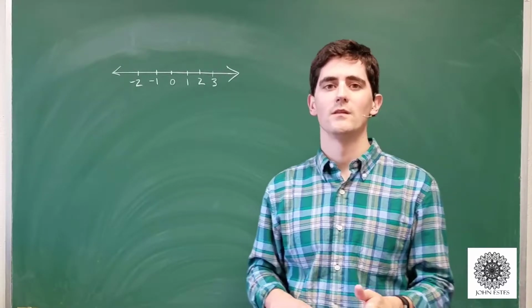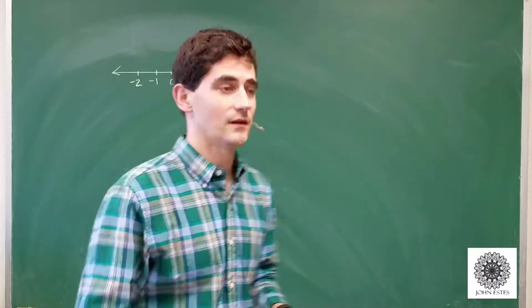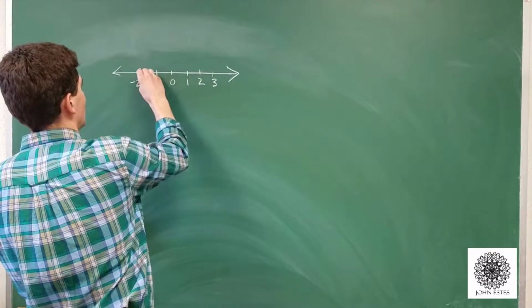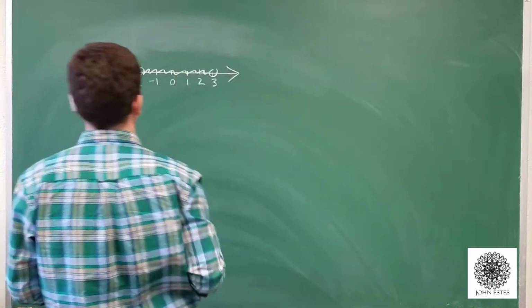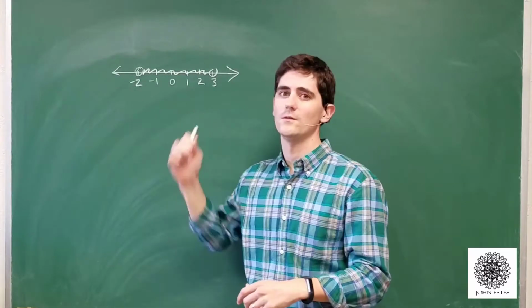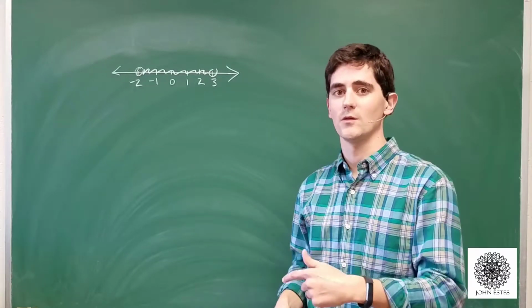Now also what we could do is represent on a number line something like this. If I wanted to talk about the set of all numbers from here to here, this goes from -2 to 3. I could write this as an inequality system, just like we learned about.